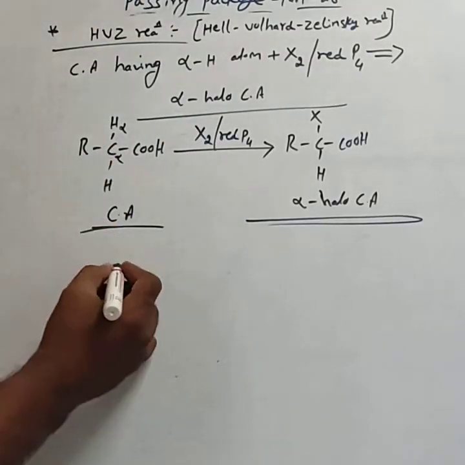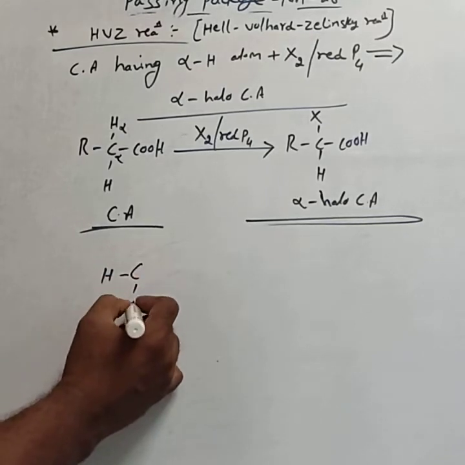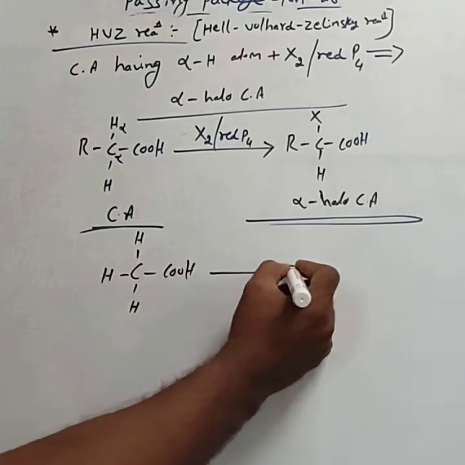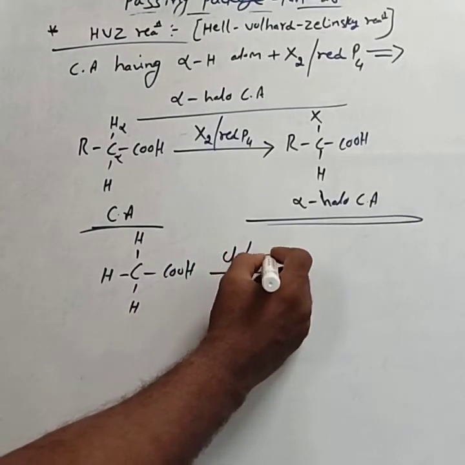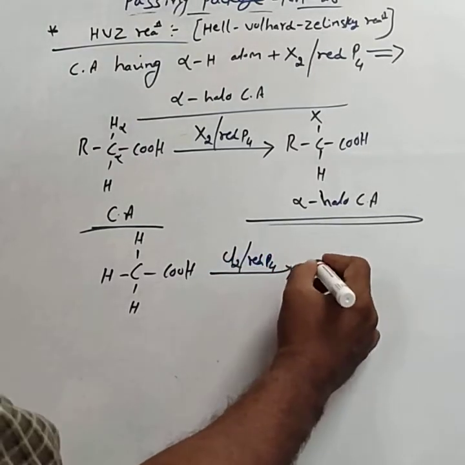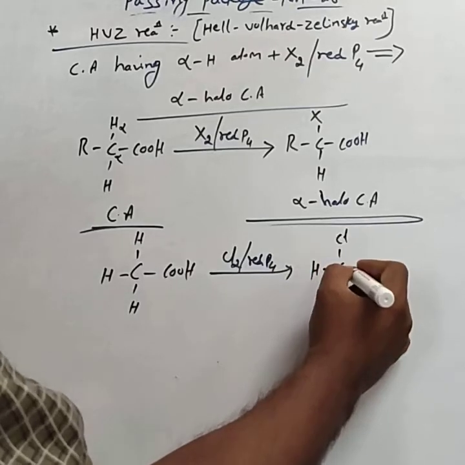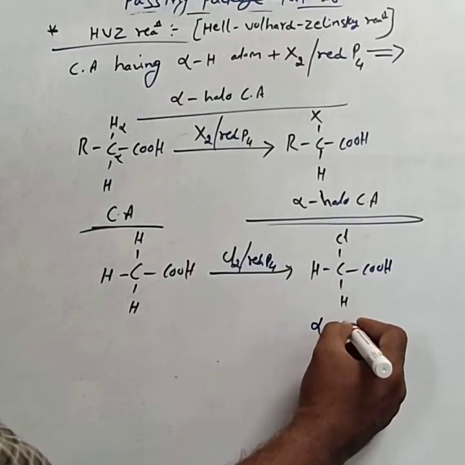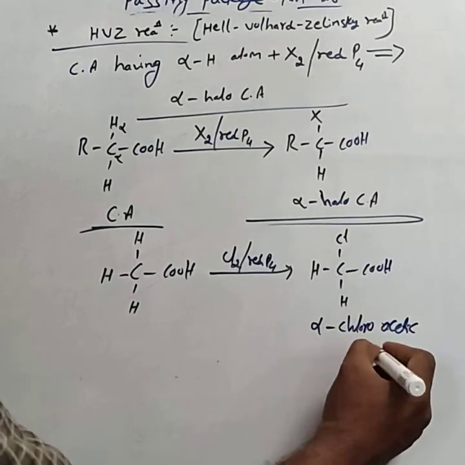For example, consider R equals H, that is acetic acid. Acetic acid, when treated with chlorine in the presence of red phosphorus, has one of its hydrogen atoms replaced by a chlorine atom. We get alpha chloroacetic acid.